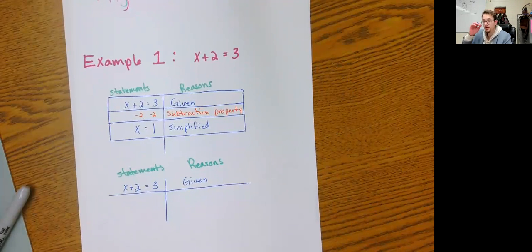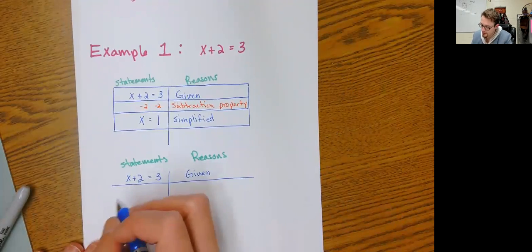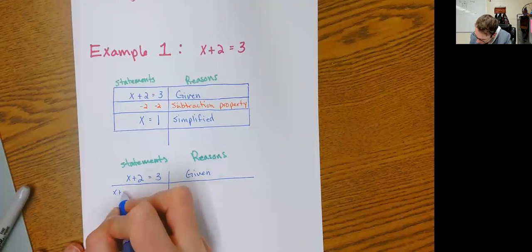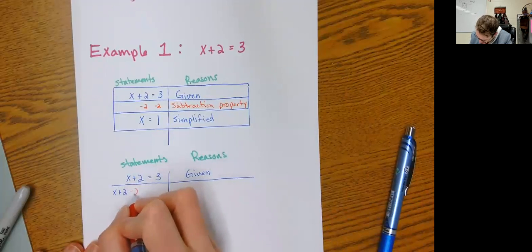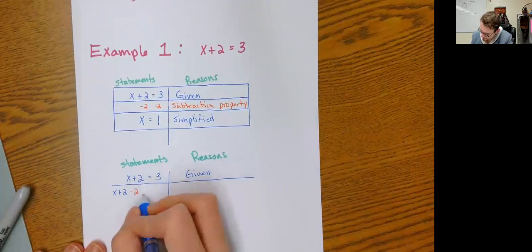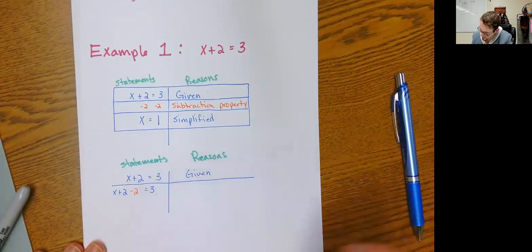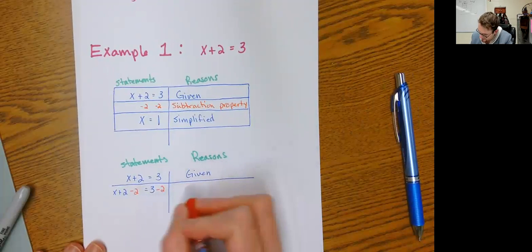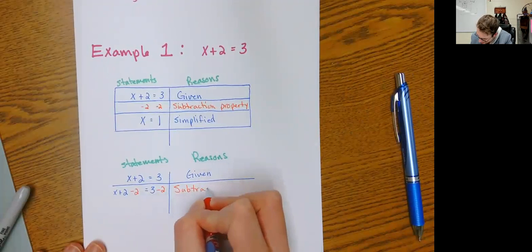This is another correct way to do this problem, and that is to do x plus 2 minus 2 equals 3 minus 2. And that would still be the same step. That's still the subtraction property.